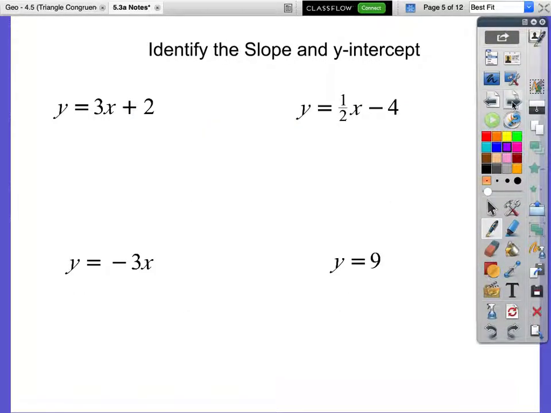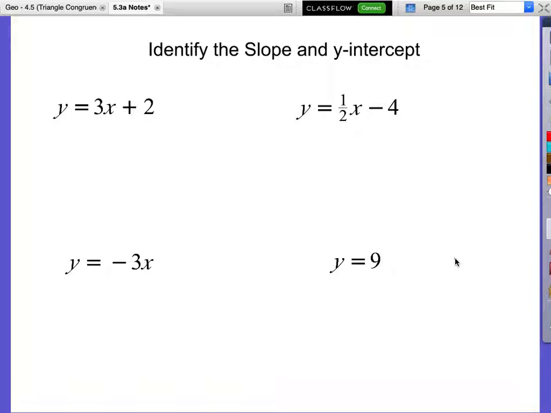Let's work on identifying the slope and the y-intercept. Write this first one down, y equals 3x plus 2.